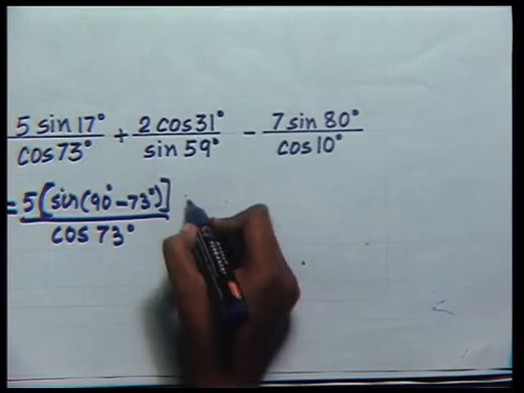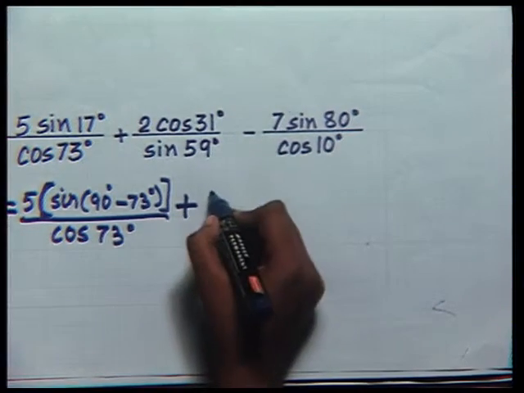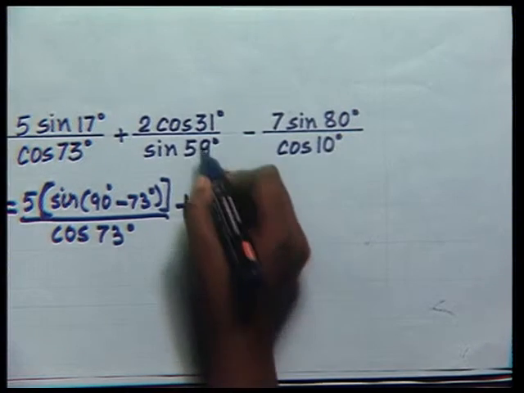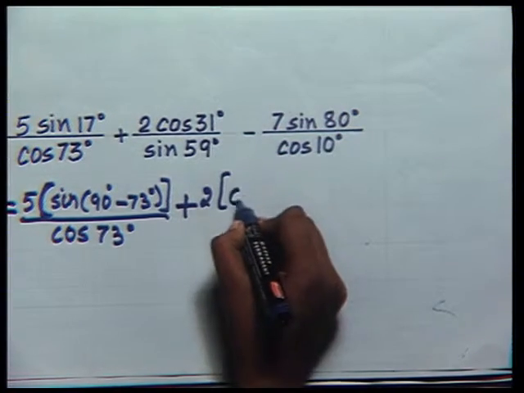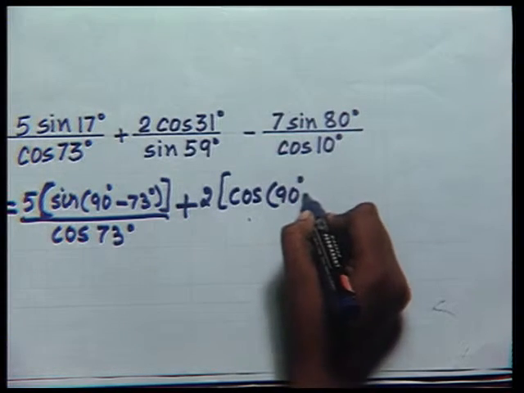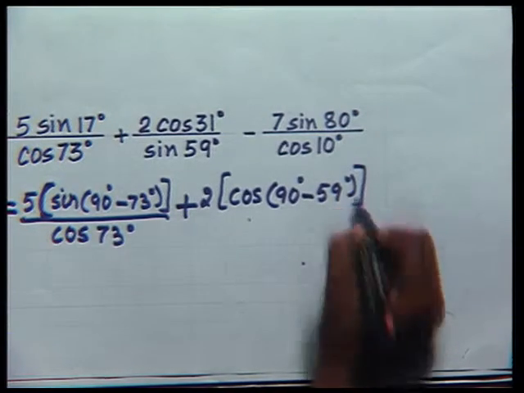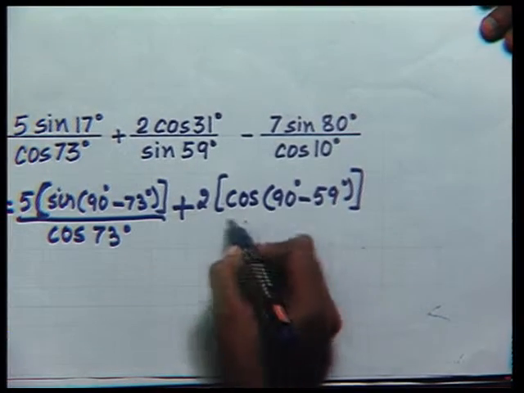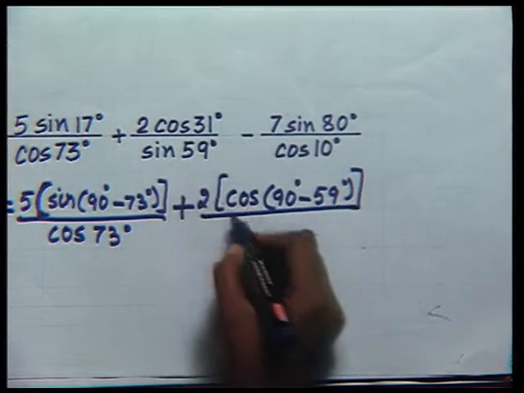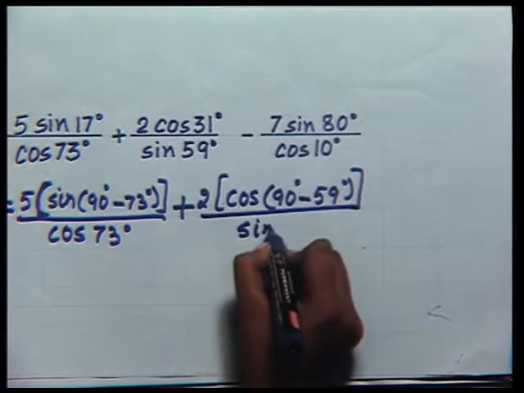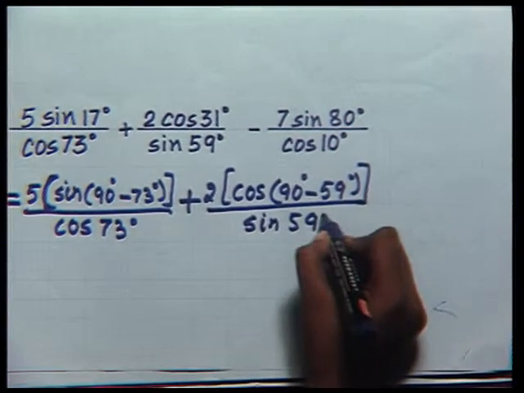Next expression, plus 2 times cos 31 degree can be written as cos 90 degree minus 59 degree upon the denominator kept as it is, that is sin 59 degree.